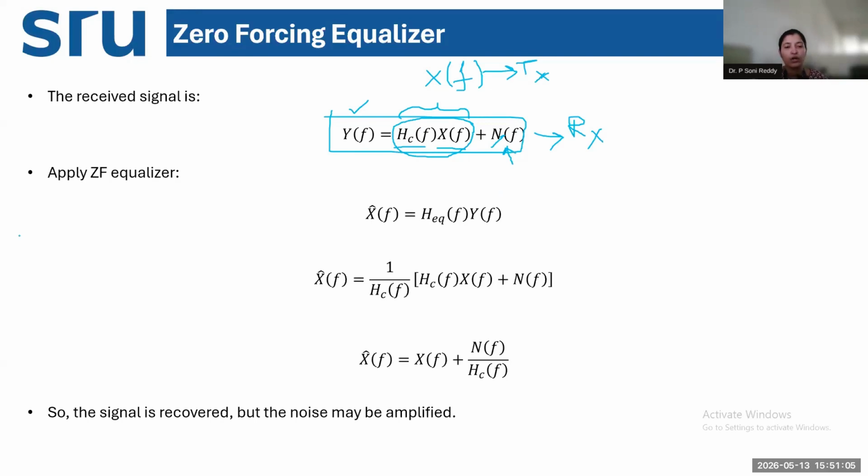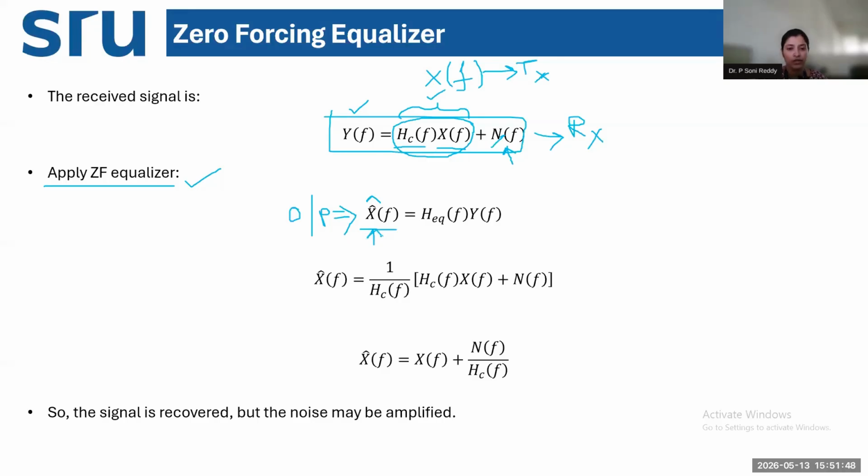Now, if I want to use a zero forcing equalizer, then what would be the output of the zero forcing equalizer? The output is given by this equation, which generates a regenerated output. The actual transmitted signal is indicated as x of f, and the regenerated output from the equalizer is also indicated by x of f, but with a cap, which indicates that it is the output of the equalizer.